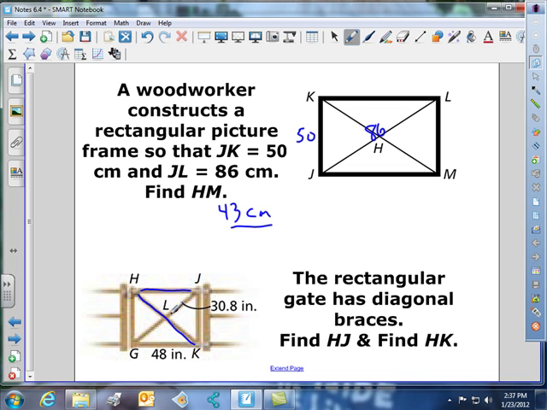If LJ, or JL, is 30.8, that means this entire segment is 61.6. That's twice 30.8. So the measure of HK would equal 61.6 inches. For HJ, well, if you look, GK is 48 inches, therefore HJ would also be 48 inches.